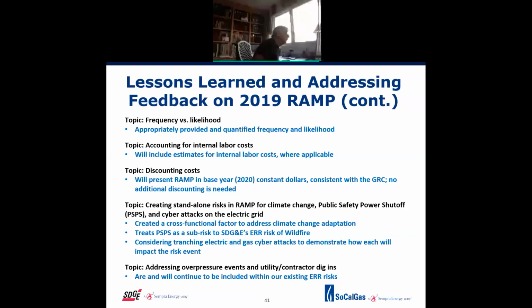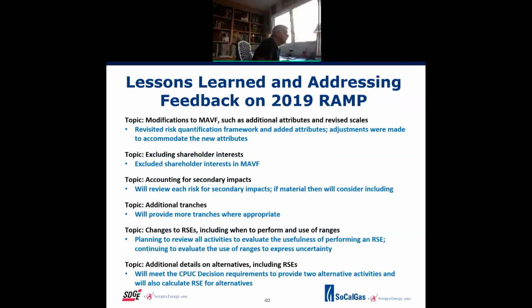This is Chuck Feinstein. I have a question about the RSEs. There was discussion previously about ranges of RSEs, and I think that it's important to recognize that the RSE has been well defined in the settlement as the ratio of the present value of the expected risk reduction to the present value of the costs.